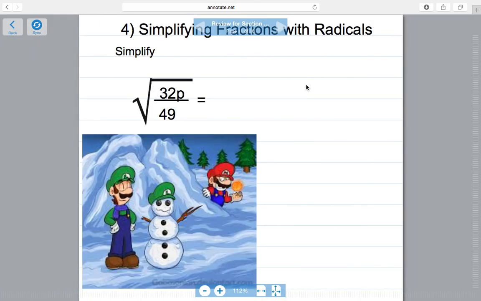So this next one. Again, let's look inside, see if you can simplify anything inside before we break them up into individual radicals. In this case, you can't. So we would have the square root of 32p over the square root of 49.